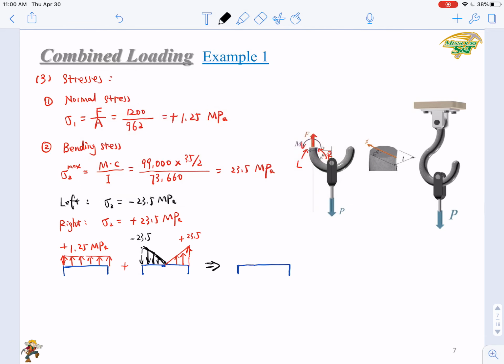So here you get a smaller value, and that is negative 23.5 plus 1.25. And on the right-hand side, the magnitude of the tensile stress will be increased.